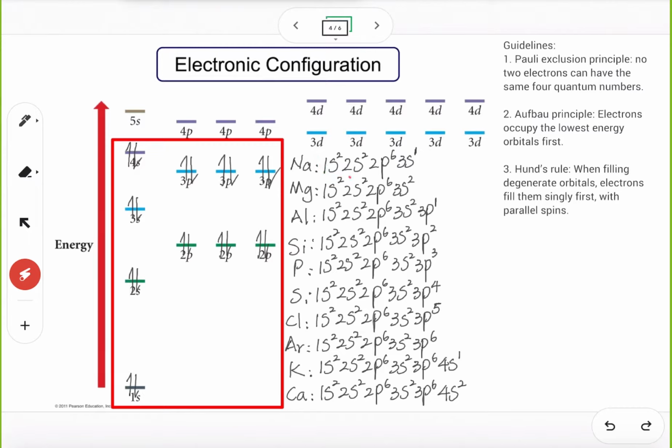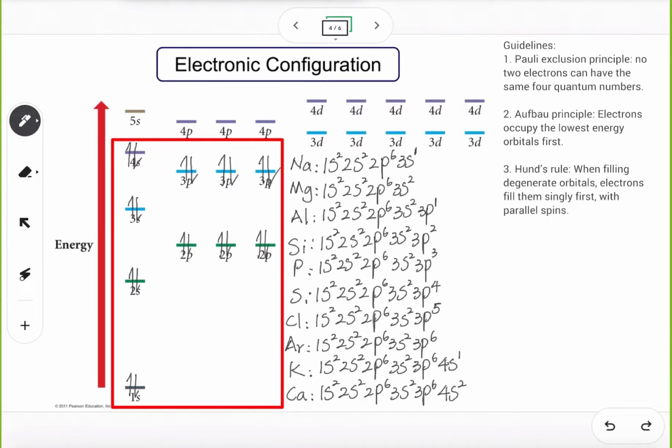In other words, those 10 electrons will never be part of the chemical reactions of sodium. The only electron involved in the chemical reaction with sodium is this 3s1 electron. So we will use neon as the noble gas core for sodium.